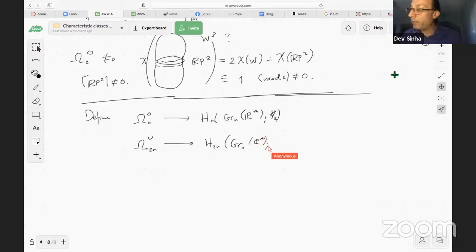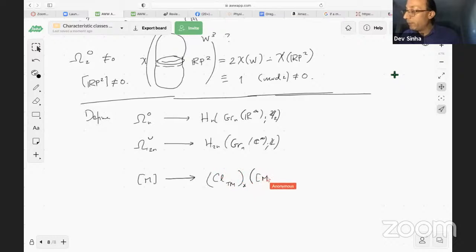And that's integer coefficients, by taking the equivalence class of M to, I'm going to use a classifying map for the tangent bundle of M and apply it on homology to the fundamental class of M.